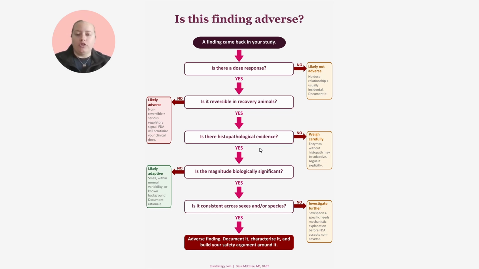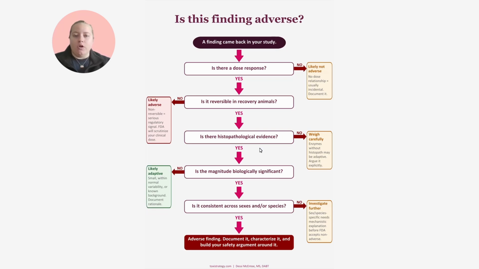But as long as you've built your program around a well-justified sequence of studies, meaning that you've run your PK, then you've run your non-GLP, you did a well-designed, well-executed MTD study and or DRF study. You chose your doses, you narrowed them down for your GLP, you ran your GLP studies, you executed it well. As long as that is all justified and you can thoroughly put together a defensible regulatory narrative, that regulatory story, then you should be in good hands.